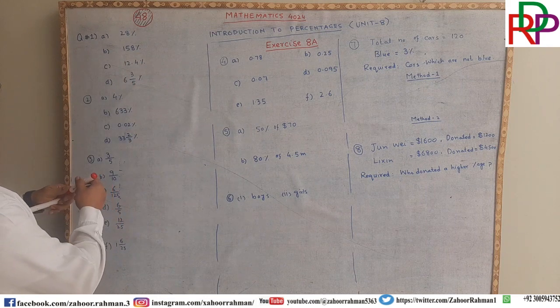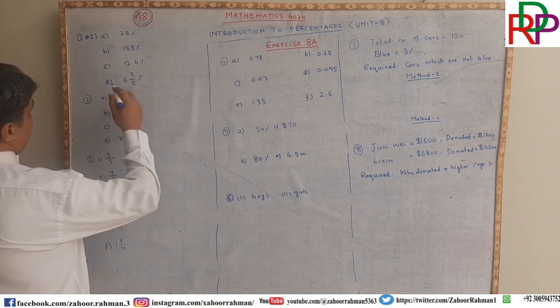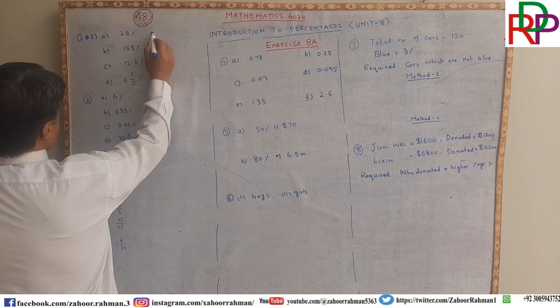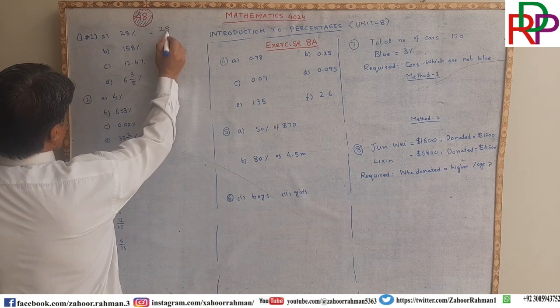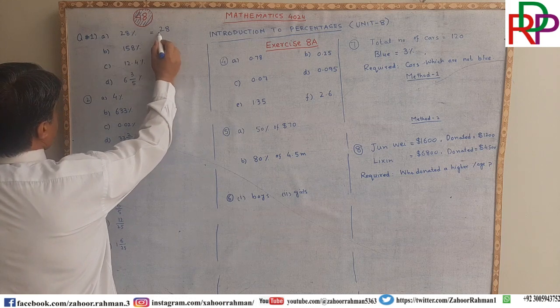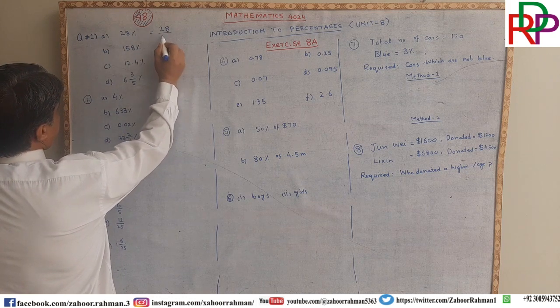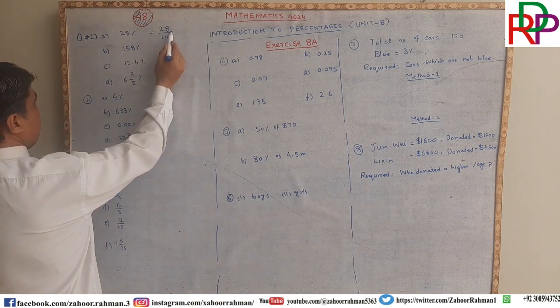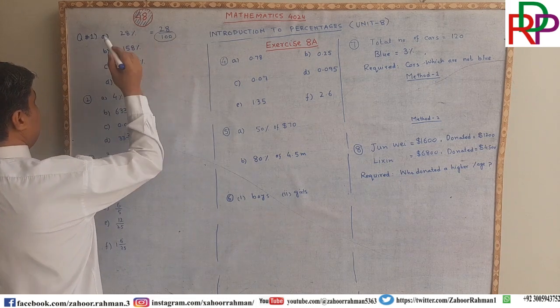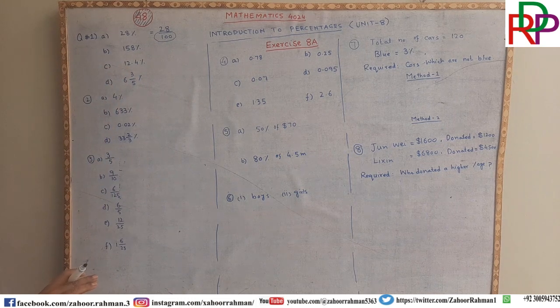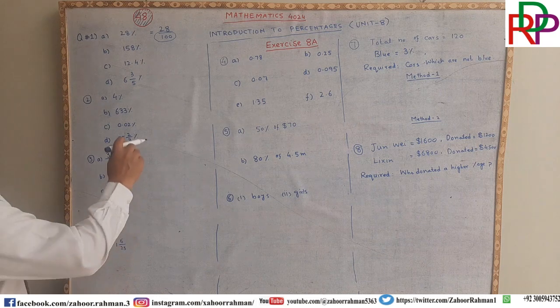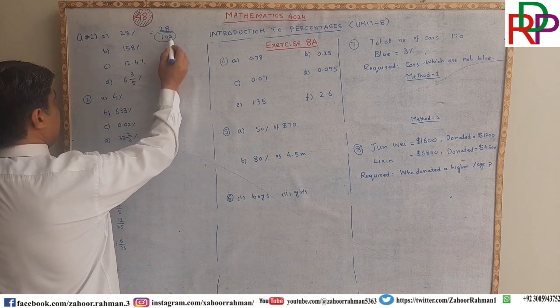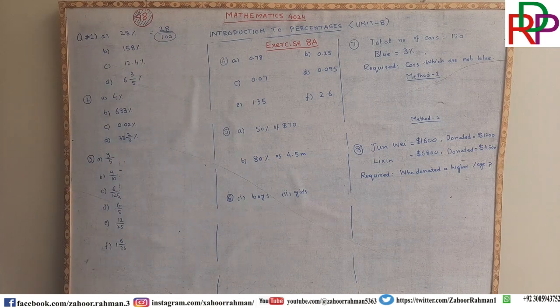So I told you yesterday, if you remember, 28 per cent is equal to... If you want to remove the percentage symbol, then you have to introduce per 100 here.